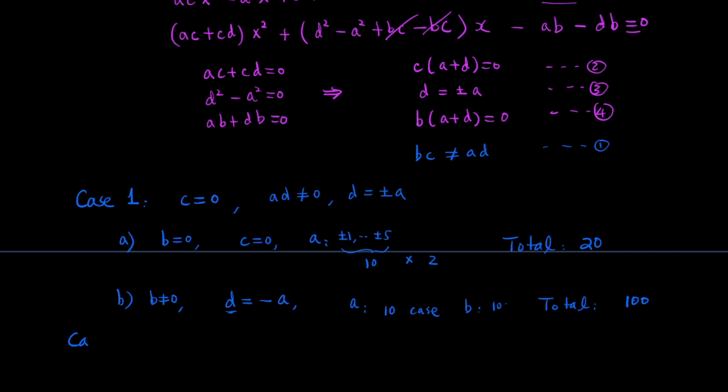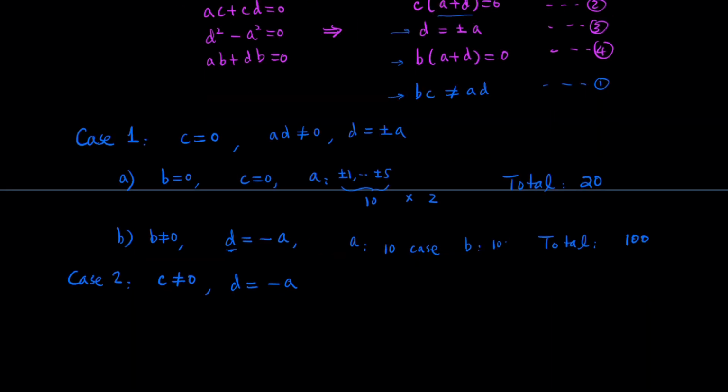So case number 2, C is not equal to 0. If C is not equal to 0, we know for sure A plus D has to be 0. So D has to equal negative A, right? And here, number 4 automatically satisfies. This automatically satisfies. And here, BC cannot be equal to AD.